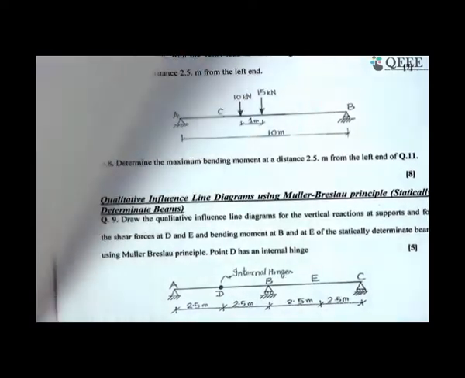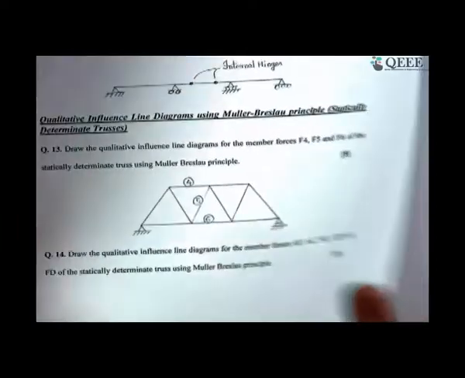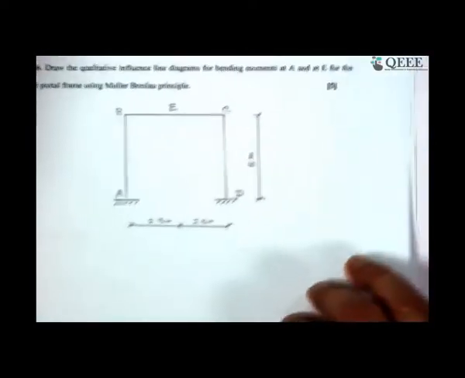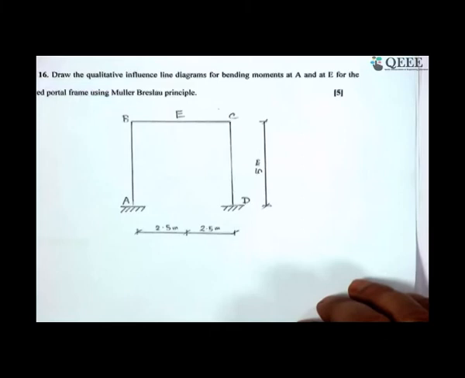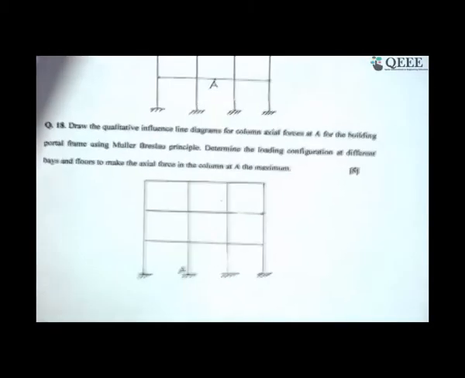Then it goes to the qualitative shape of the different influence line diagrams for statically determinate and statically indeterminate trusses, and also for frames, the portal frames which have indeterminacy of different kinds, and also the building portals. I have the solution, which I will give to you.